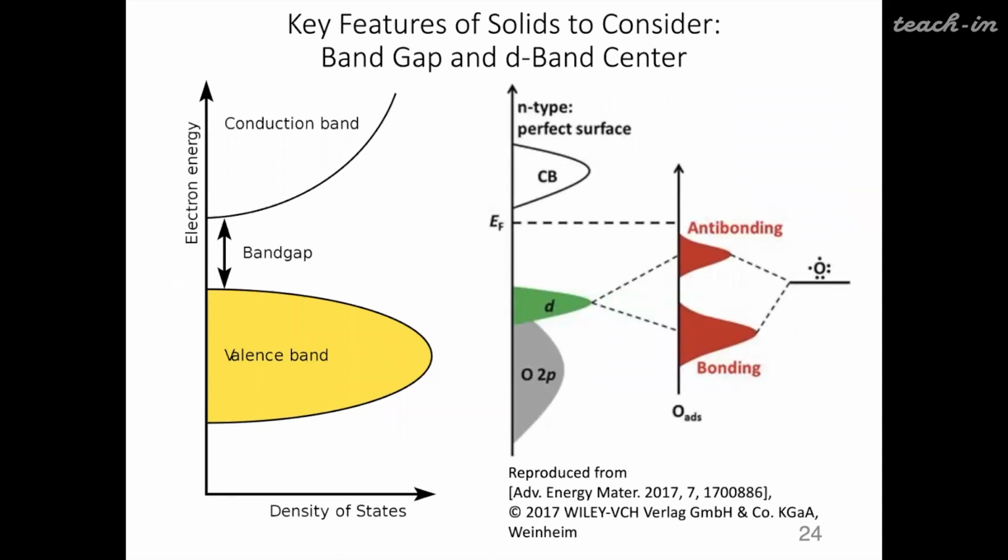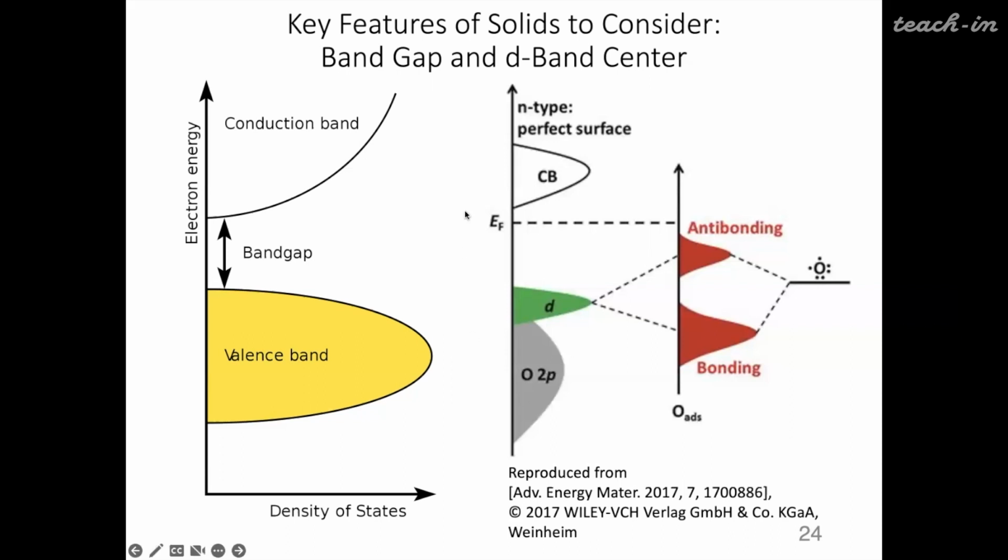First of all, we may be interested in the band gap if we study, if we model some semiconductors. However, there are some properties of electronic bands that are related to adsorption, for example. And the most frequently used is the so-called d-band center.